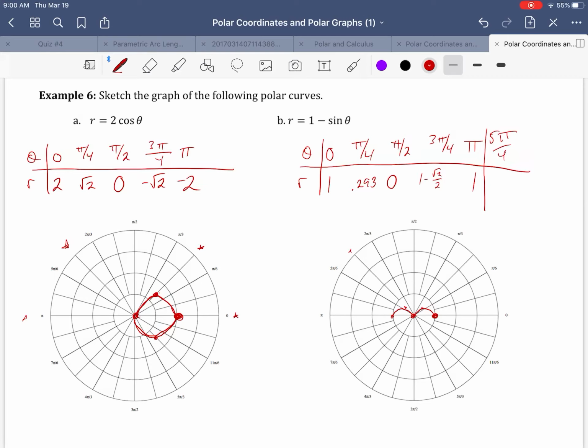So 5 pi over 4 will give me 1 plus the square root of 2 over 2. So that one's further down. 3 pi over 2 is going to give me 2. I'm smelling symmetry here. And then back. And I'm getting this type of curve here.